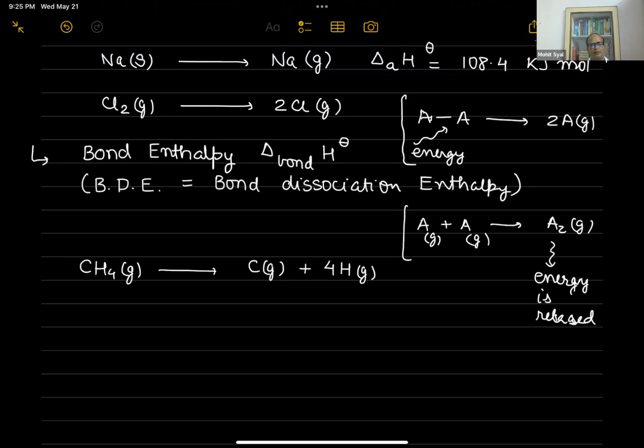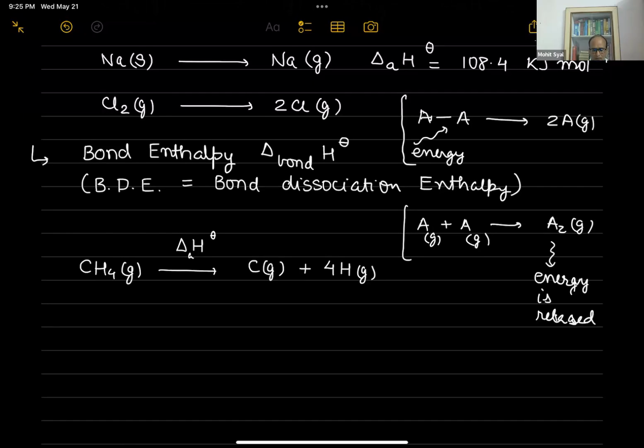This is enthalpy of atomization, the standard enthalpy of atomization for methane to completely convert it into atoms.